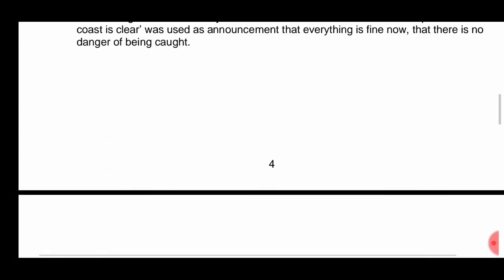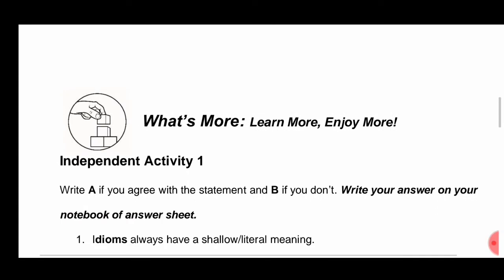Just remember that when we say idioms, this means there is a hidden meaning in the sentence and there are appropriate meanings of the idioms. So we cannot easily give our own perception or meaning of that particular idiom because there is an appropriate meaning for it. So how can we get the meaning without even looking at the dictionary of idioms? As simply as looking for clues.